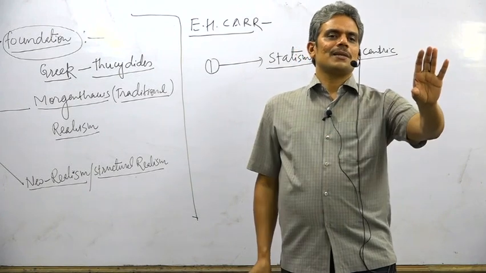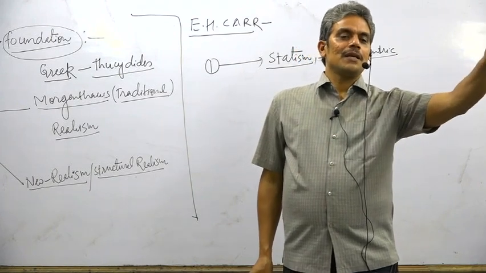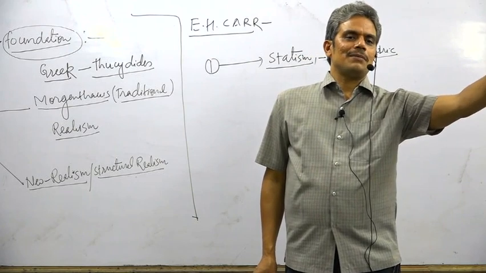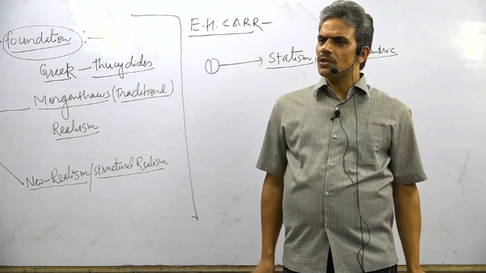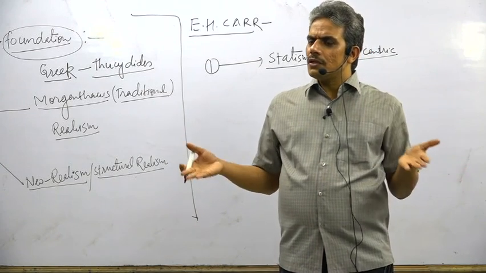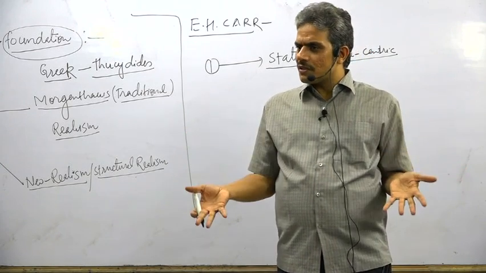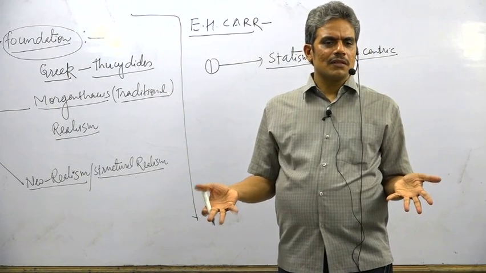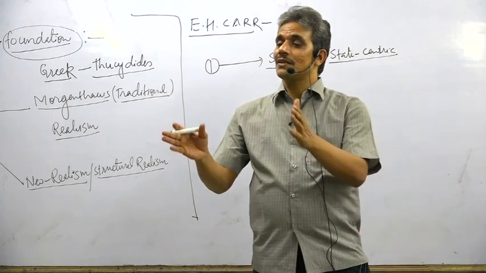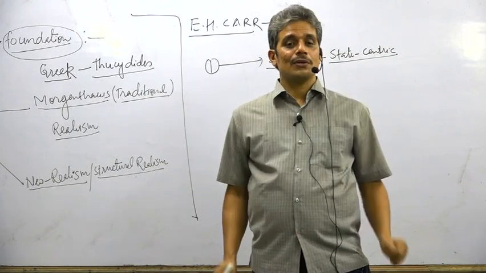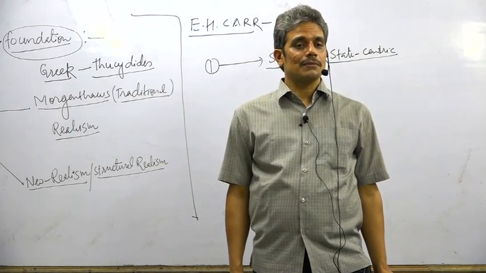Remember, recently the International Court of Arbitration gave a verdict against China. China said, who cares? It means China is not willing to obey the order of the International Court of Arbitration.